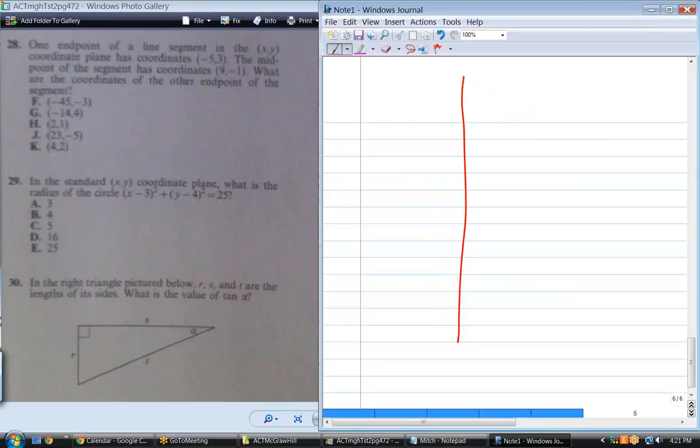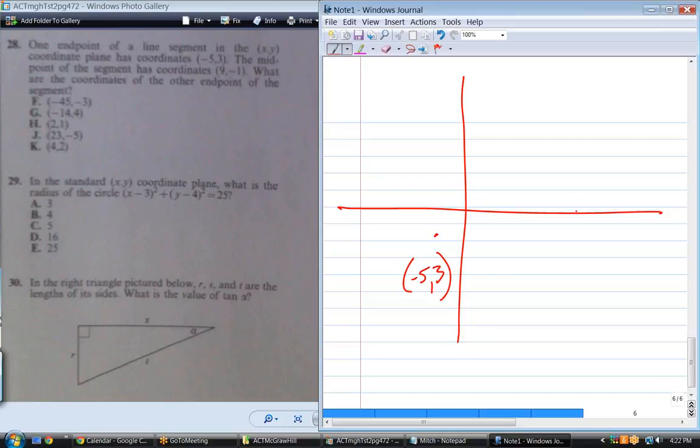Let me see if I can use a scale that's small enough here. One end is at -5 and 3. I'm going to call that -5 and 3. And the midpoint of the line segment is at 9 and -1.